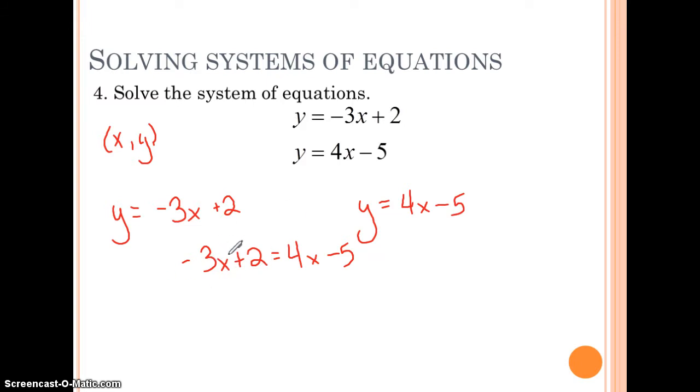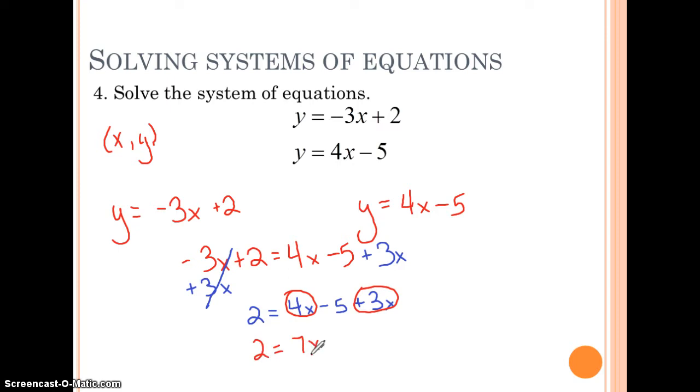So let's move this negative 3x to this side by doing plus 3x to both sides, which means it will cancel out, and we'll just be left with 2 equals 4x minus 5 plus 3x, in which now I can combine my like terms, 4x and plus 3x, which means 2 equals 7x minus 5.